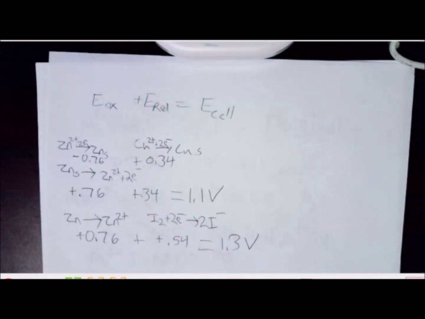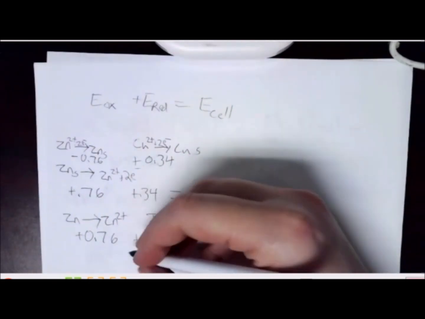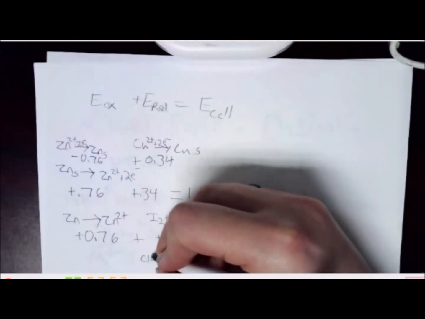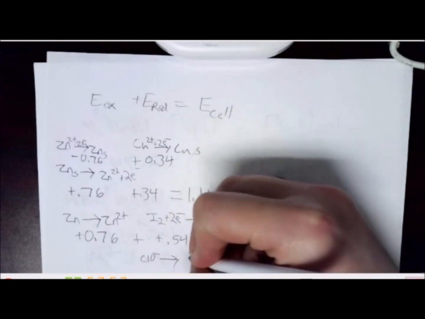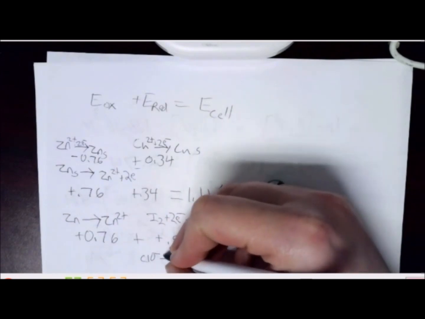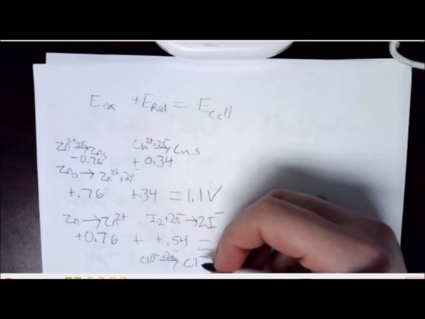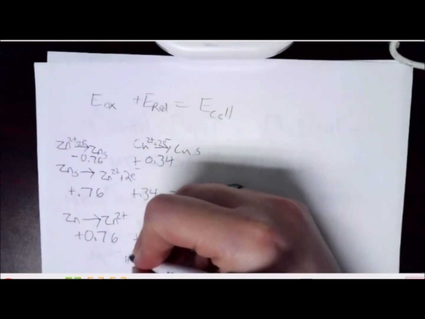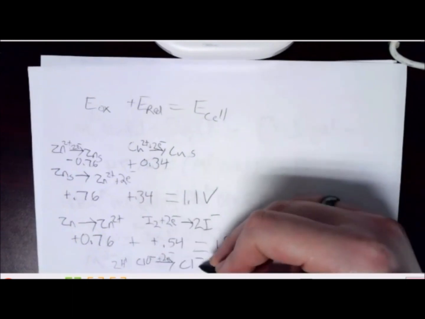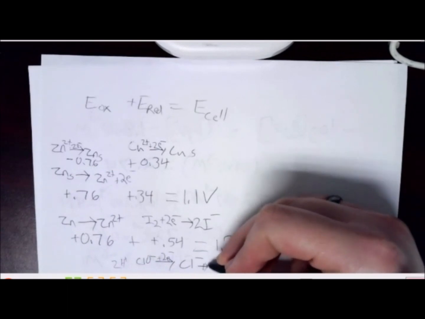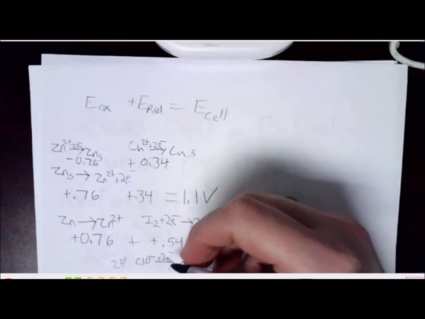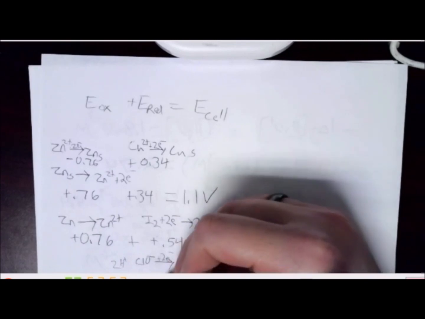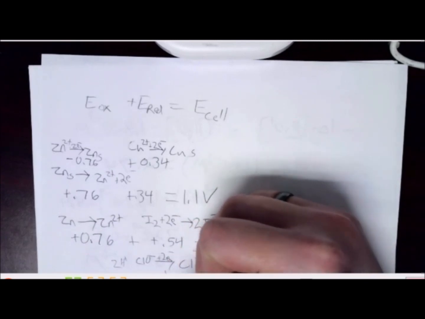Now the other reaction, we had ClO minus goes to Cl minus, two electrons. If we look that up, that's positive 0.84.